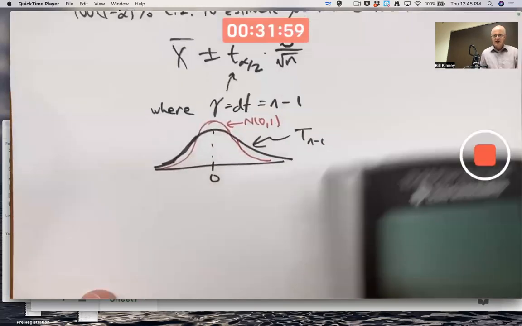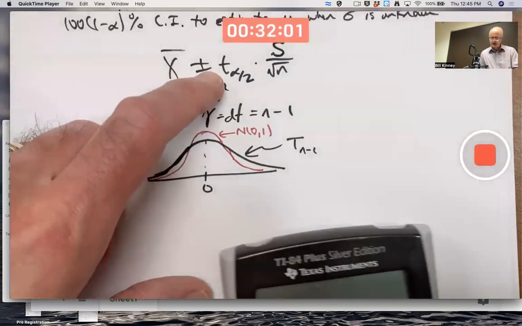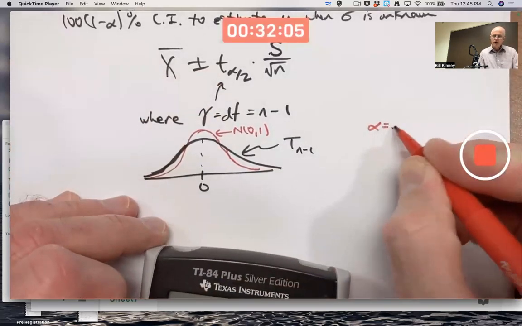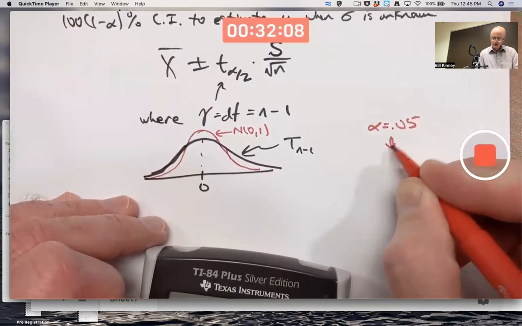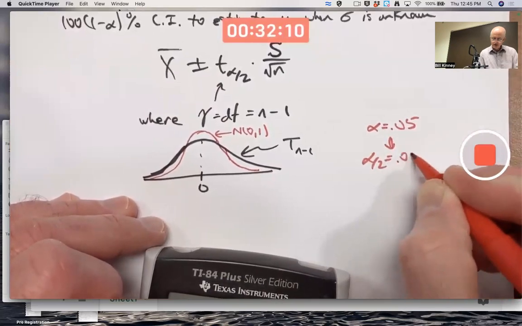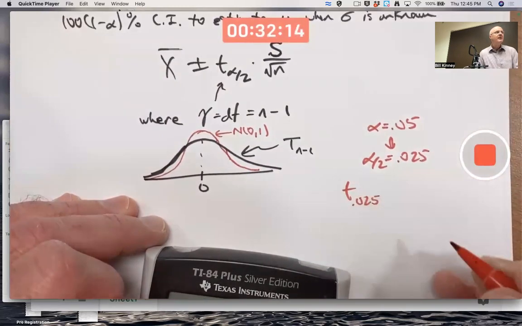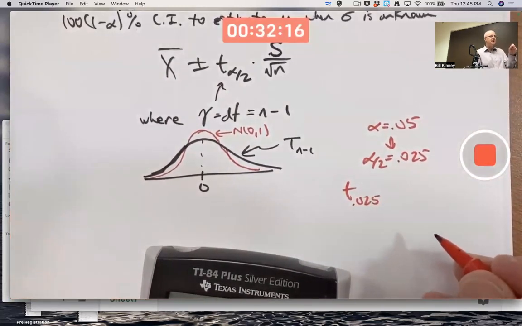So again, let's use the calculator to find t sub alpha over 2, for example, if alpha is 0.05, so alpha over 2 is 0.025, and we're after little t sub 0.025 related to our simulation, and n is 10 for our simulation.